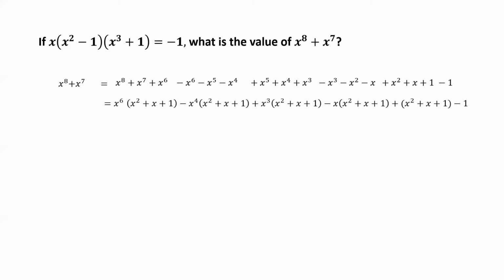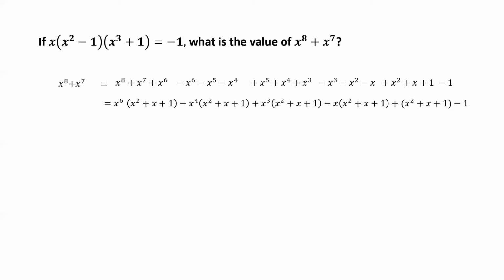So if I take x to the power 6 common from the first three, I am left within parentheses x squared plus x plus 1. From the second set of three terms, negative x to the power 6 minus x to the power 5 minus x to the power 4, if I take minus x to the power 4 common, then again within parentheses I have x squared plus x plus 1. Note that the terms within parentheses are the same.